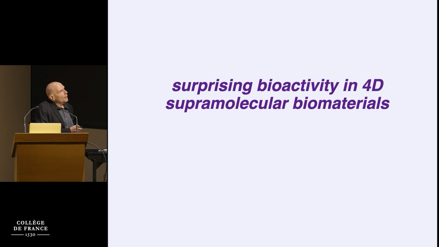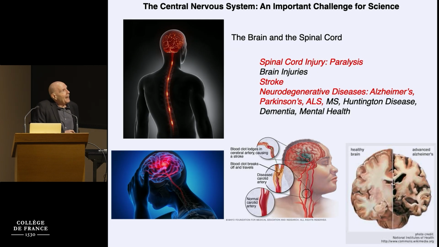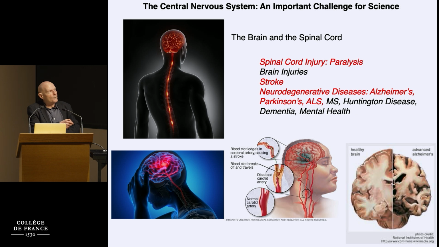So I want to show you the surprising bioactivity that you can get in these 4D supramolecular biomaterials. And we have focused recently on the brain and the spinal cord. So we have great interest in neural problems because I think these are problems that humanity really needs to solve for quality of life and to face all the aging problems. And so we started with spinal cord injury because this is of enormous humanitarian importance.